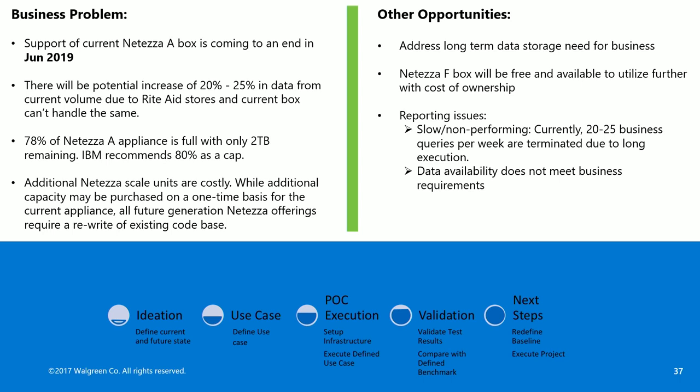One is when we acquired Rite Aid last year, it means we're going to have more data coming in. Second, I am in a Netezza box. And if you guys are in Netezza, you probably have heard their end-of-life announcement for the Netezza and the Striper model. And it happens all the time, right? 5 years, 6 years, hey, you're end of life, you have to get to the new one. It's just tiring.